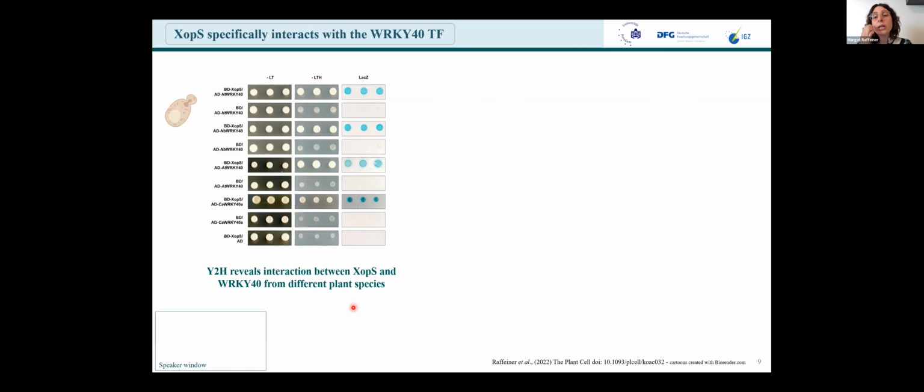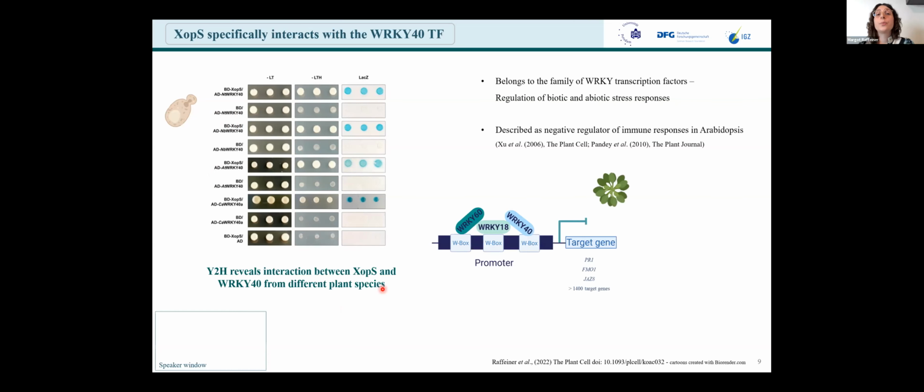At this point, I would like to very briefly mention what WRKY40 is. This transcription factor belongs to a very large family of transcription factors that have been shown to be involved in the regulation of various biotic and abiotic stress responses, but also in plant growth and development.